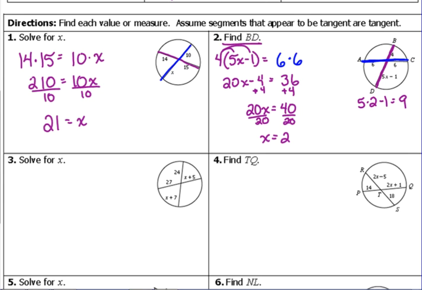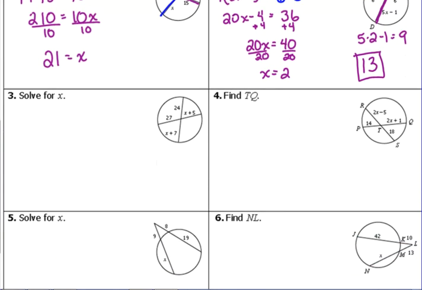So 9 is that missing piece of our segment. So 9 plus 4 is 13. That's what they were wanting, the whole entire piece. Three and 4 are similar to that. I'll leave those for practice problems.